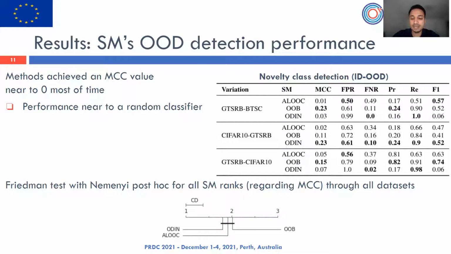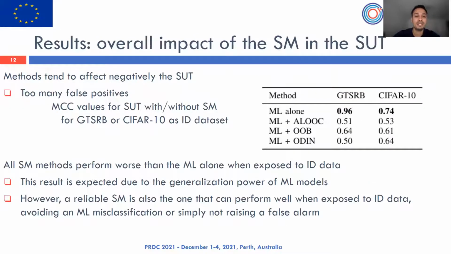So it means that all the safety monitors didn't perform well, and we don't actually have a safety monitor that is better than the others, at least between these 3 state-of-the-art methods.